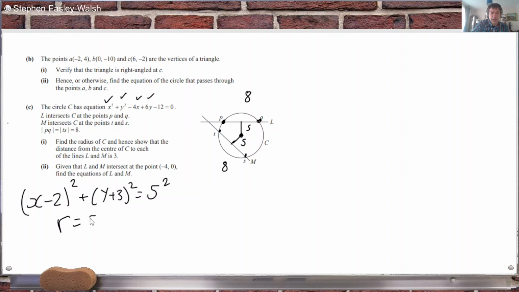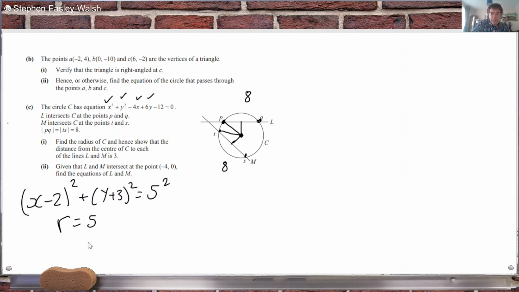That's 5. And hence show that the distance from the center to each line is 3. Oh, that's not 5. Sorry, that's the radius. So that's definitely not 5. We have to show that that's 3. But what I do know is that that's 5 and that's 5.